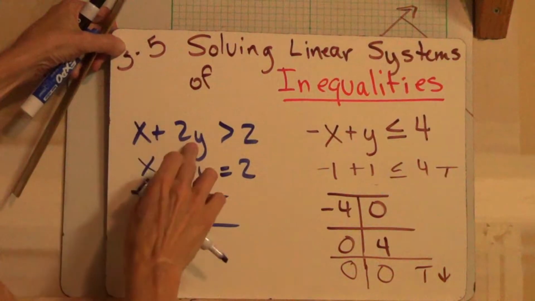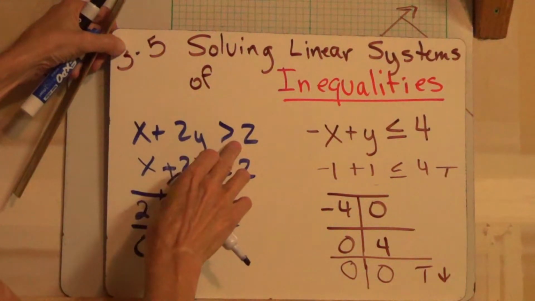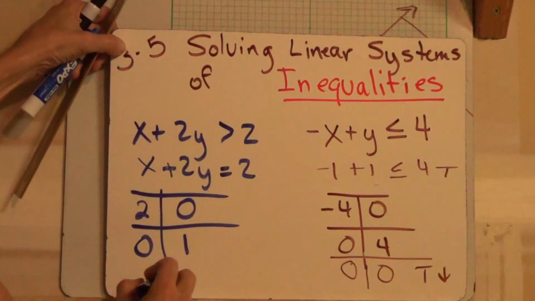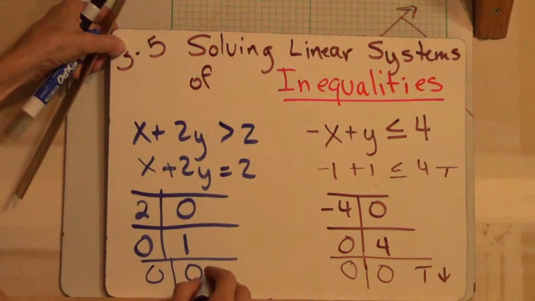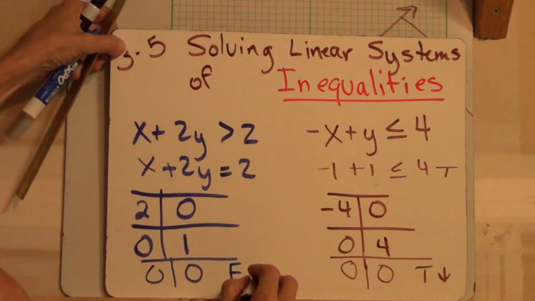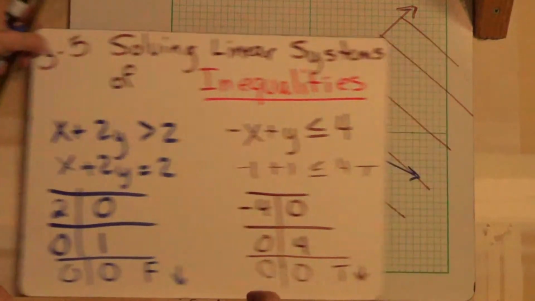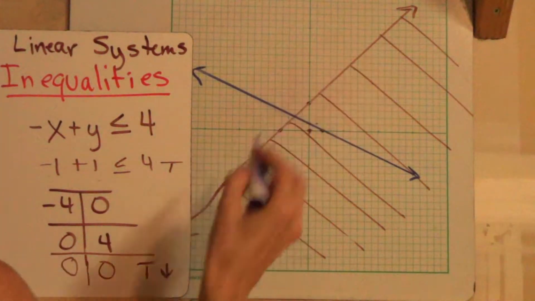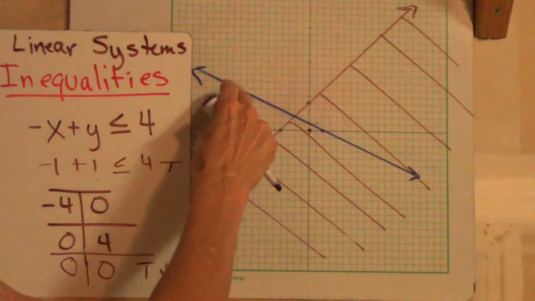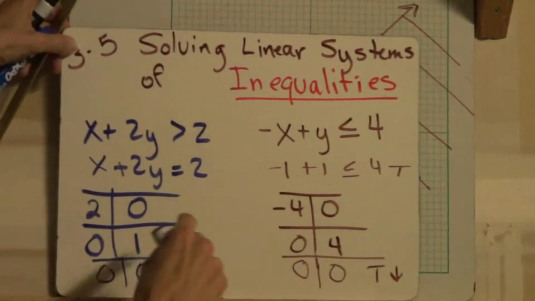If this is 0 and this is 0, is 0 greater than 2? 0 is not greater than 2, so it would be false. So we aren't going to shade to the bottom side of the line, because it's down here on the bottom side. We're going to shade to the top side. Now, if any of you have caught this error, I did make an error there.